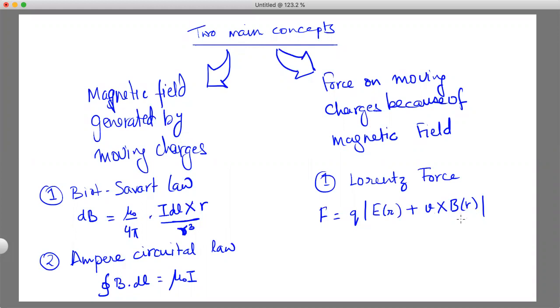Okay, and to find the direction we can use either the right hand screw rule, in which we curl our fingers from V to B to get the direction of the force. Okay, another way to do it is also to use the Fleming's left hand. Okay, so both the ways can be used to find the direction of this force.